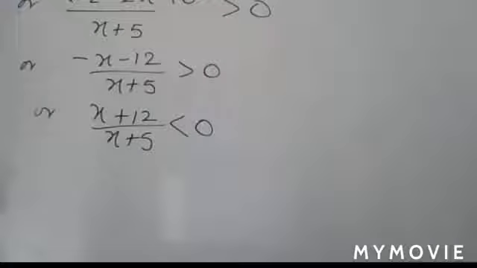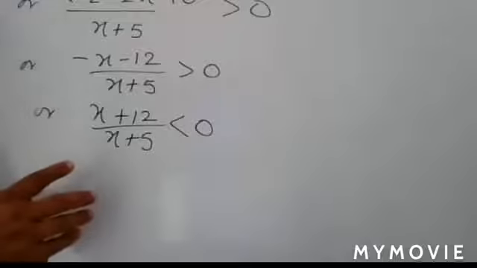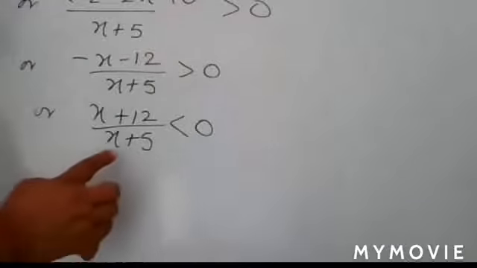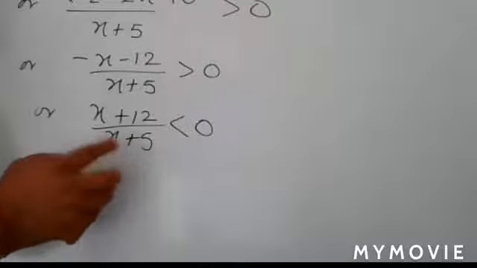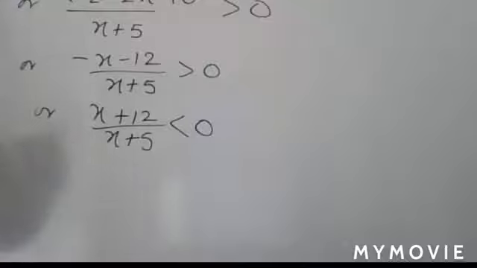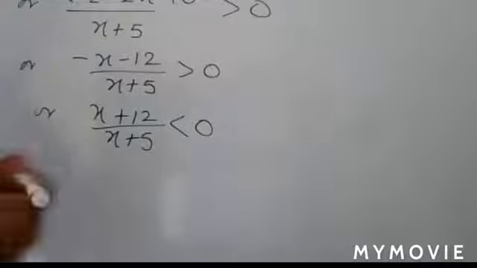Yes, sir. Okay. Now apply the same process here: draw the number line, make the denominator and numerator equal to 0 individually, and plot the points on the number line in ascending order.